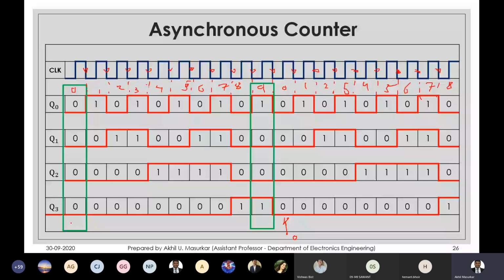So basically the counting is from 0 to 9, and then again it resets. If you actually draw the circuit diagram and simulate, this timing diagram you will directly get from the simulator itself. You don't have to do any additional effort.